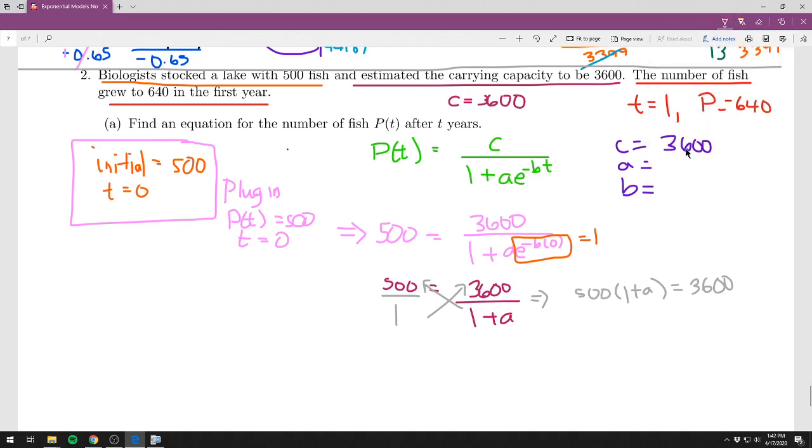All right, now this is much the same way as the last one. You can divide by the 500 or distribute and go about that way. I'm going to divide again just because in general it'll allow you to have smaller numbers. We've got 1 plus A equals 3600 over 500.